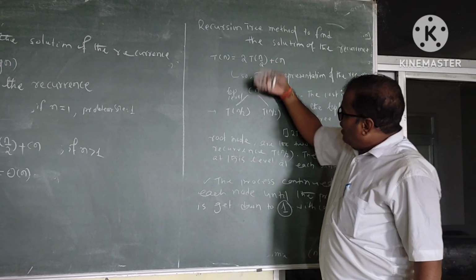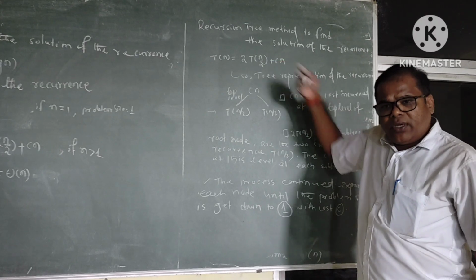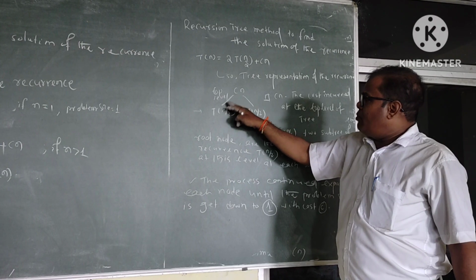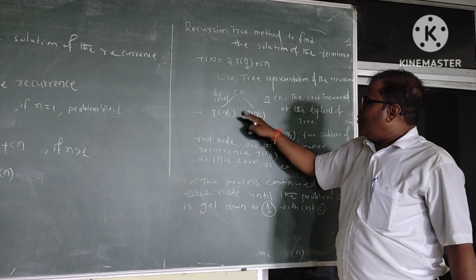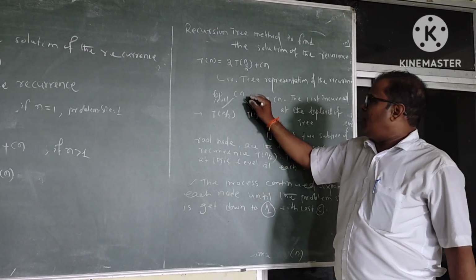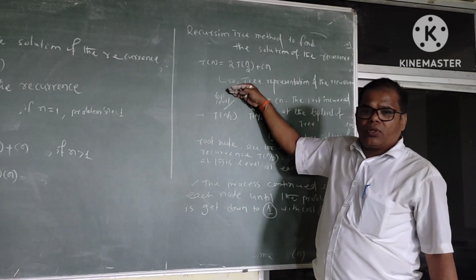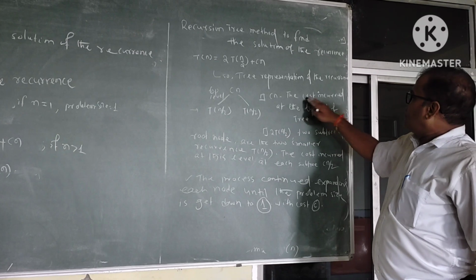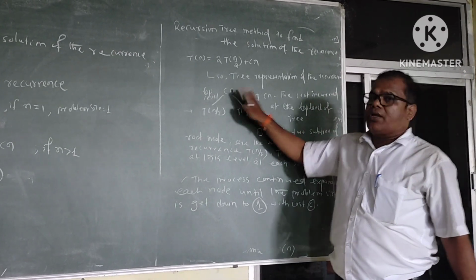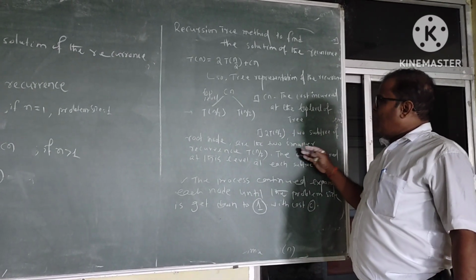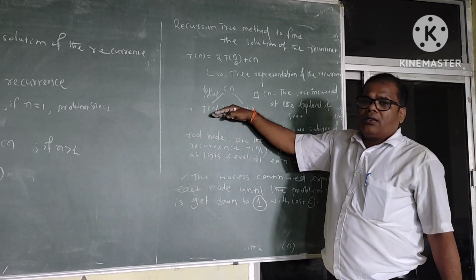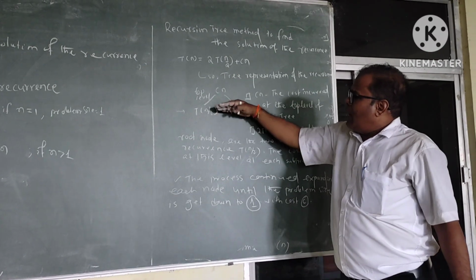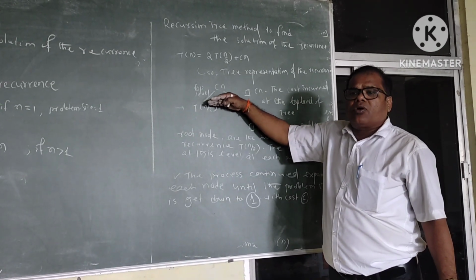If you see the tree representation of this particular recurrence equation, you can write Cn at the root node, and there will be two subtrees, T(n by 2) and T(n by 2). Let us write in brief about what this root node is talking about and what these nodes are talking about. Now Cn is the cost incurred at the top level of the tree. Then I have to ask you what is the cost incurred at the second level. At the root level I got Cn, and at the next level what will be the cost incurred?